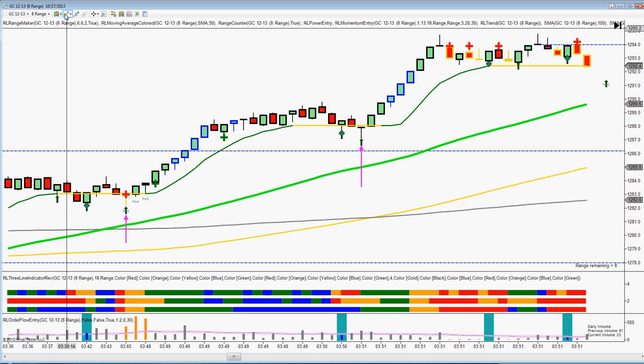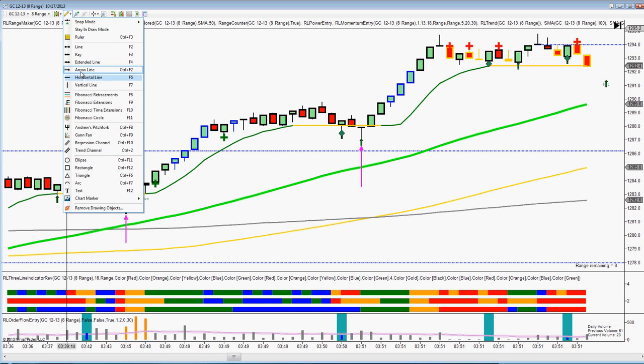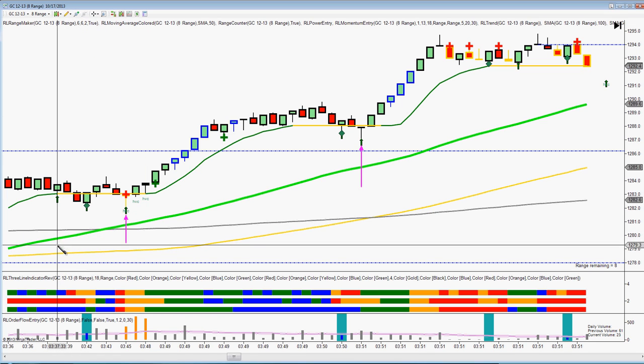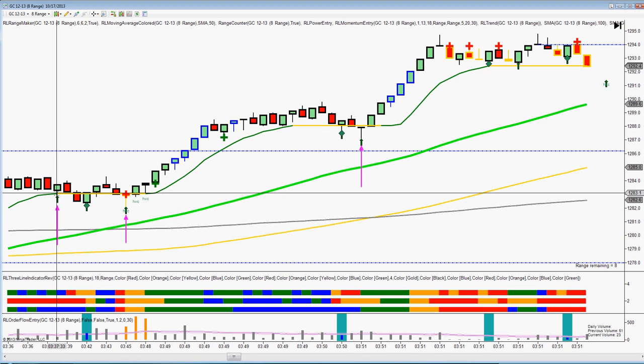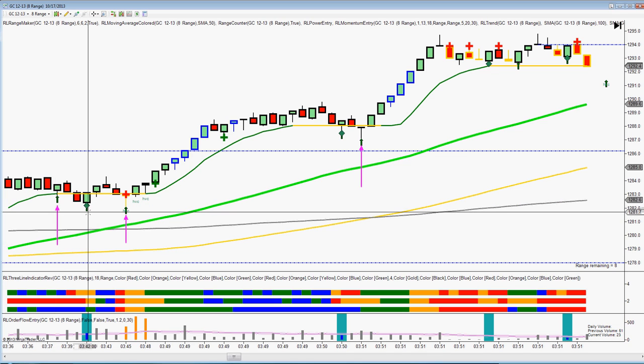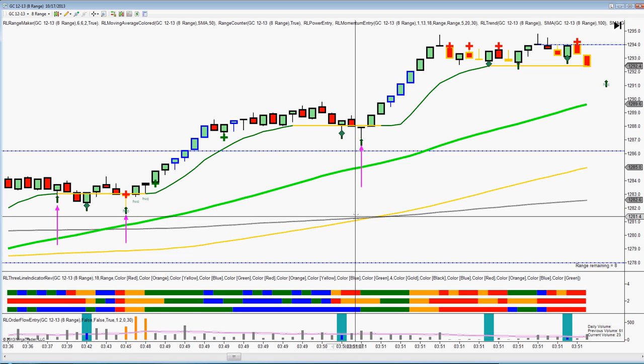Look at this power entry here. Yellow right line trend at candle close. Stochastic is red. Key is we don't have any uptrend, and it comes down and stops you out. Here it's successful.